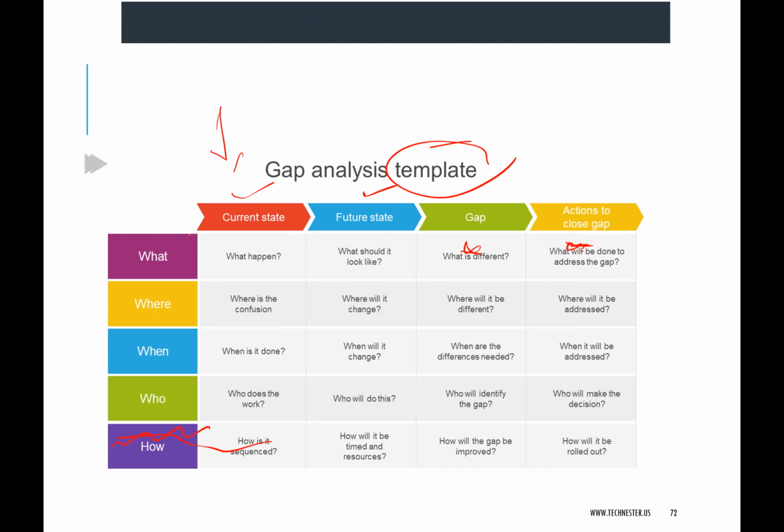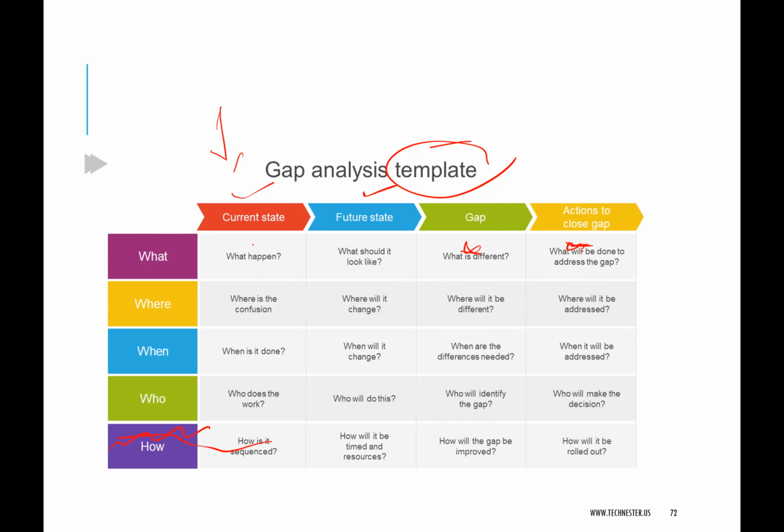But what you want to find out is what is the current state of maybe this product or this enterprise or this department? What is the future state we want? What is the difference between these two? And what actions do we need to take to close this difference, to resolve this difference? That is what gap analysis is about.